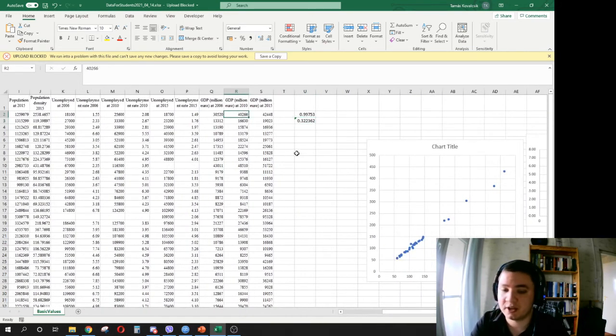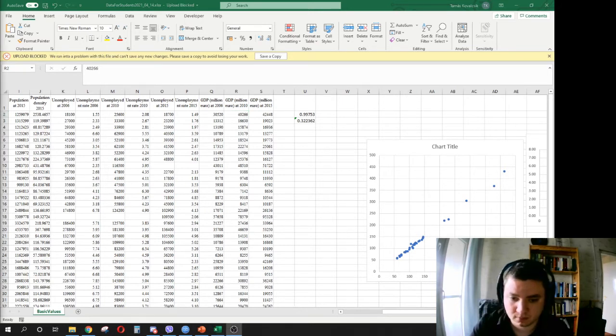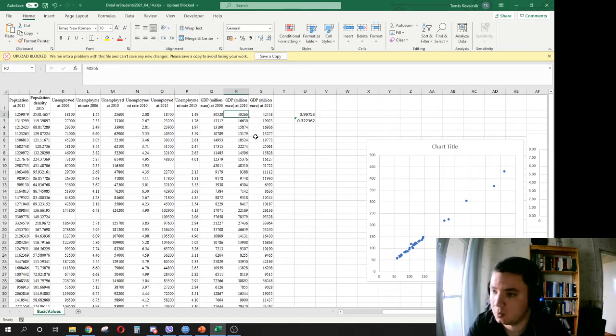But if we are curious about the economic growth or economic performance, we can calculate it with the GDP. So we would like to measure the connection between the economic performance and population density or unemployment rate.